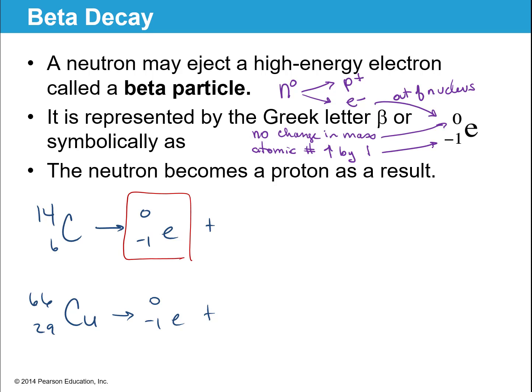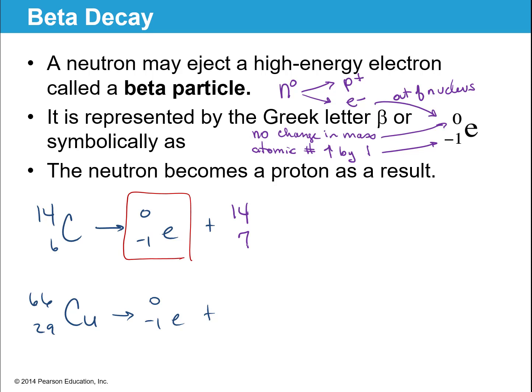So if I start with carbon 14, carbon with those extra neutrons is less stable. Carbon 14 undergoes beta decay. What happens to the mass? It stays 14. So what happens to the atomic number? To what? 7. So if the atomic number is 7, it's not carbon.